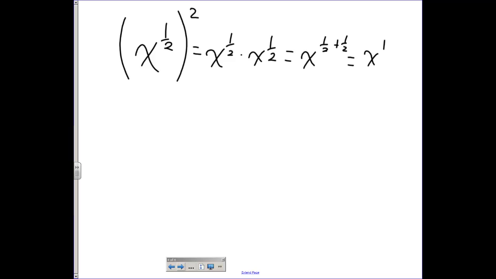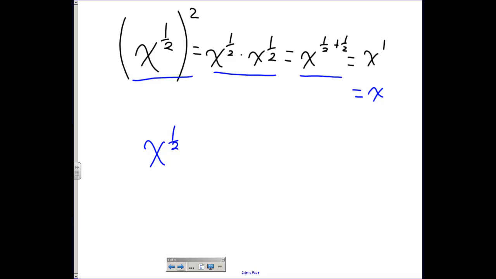So we know that this produces x to the 1/2 times x to the 1/2, which is really x to the 1/2 plus 1/2, and 1/2 plus 1/2 is really 1, and x to the first is really just x.